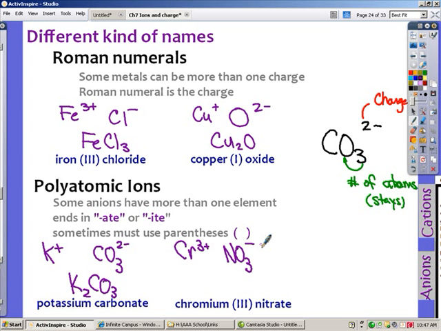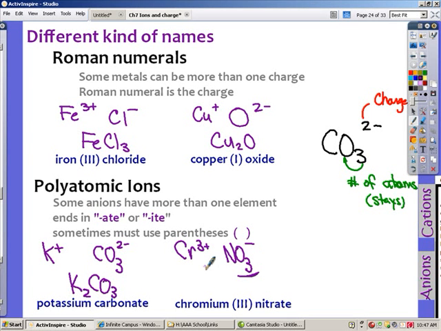So I only need 1 of these chromiums, but I need 3 of these nitrates. I need 3 of the whole group, the entire nitrate group. So the way that we show that we have 3 of those nitrate groups is we put them in parentheses. So I'm going to take my 3 and move it down here.